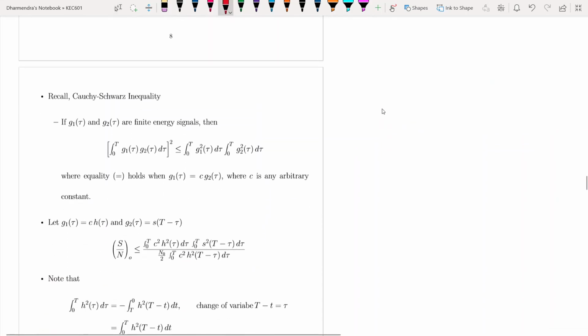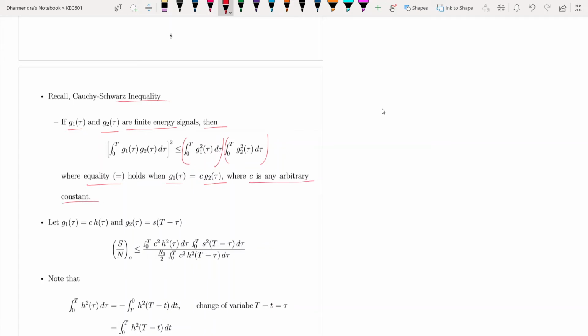Now recall the Cauchy-Schwarz inequality. If G1 of tau and G2 of tau are finite energy signals, then the square of this integral between 0 and capital T, of G1 of tau into G2 of tau d tau, will always be less than or equal to the integration of the square of G1 of tau between 0 and T, multiplied by the integration of the square of G2 of tau between 0 and T. Equality holds when G1 of tau is C times G2 of tau, where C is an arbitrary constant.